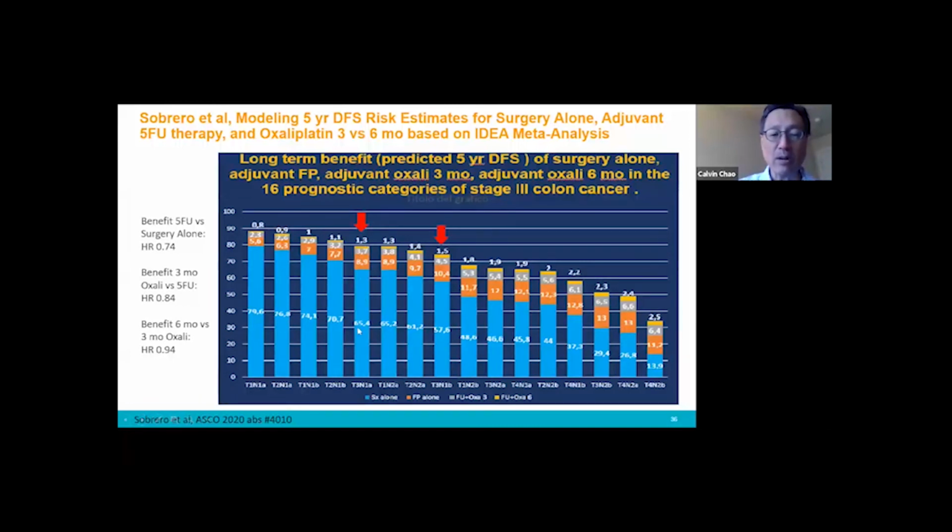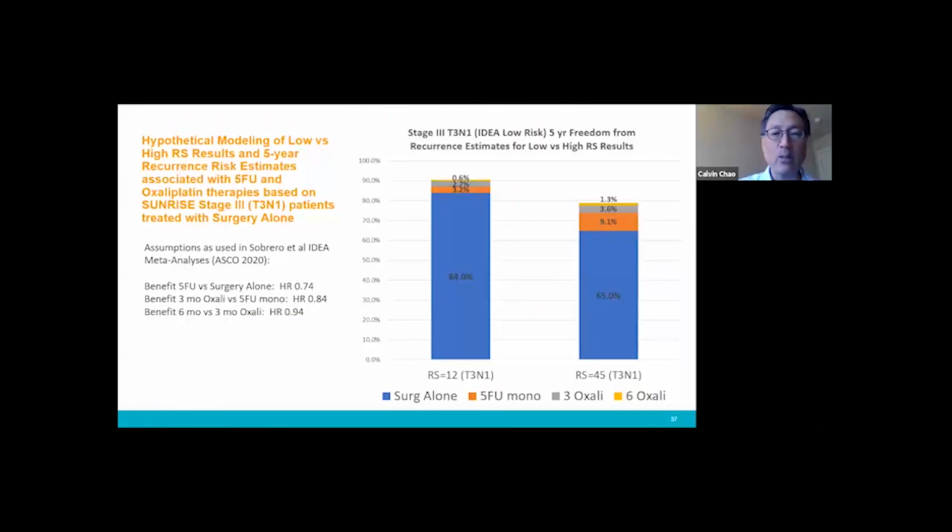I would still suggest, though, that in these T3N1A and T3N1B groups, which are the largest group of patients with stage 3, we need to get refined even further because there's a heterogeneity of risks. So we would suggest that by adding the recurrence score to this, we can see that if your recurrence score is low with T3N1 disease, we can model, and again, this is based on our hypothetical modeling, so this is something we're still working on, but we are estimating that 84% of the patients would be cured by surgery alone.